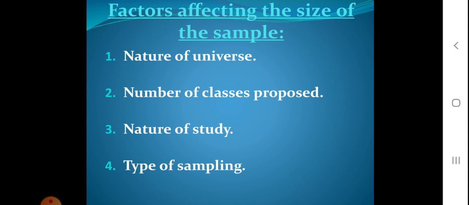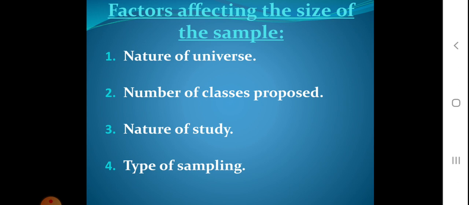Technically, this can be termed the dispersion factor. In simple terms, if the population is homogeneous, fewer cases will be enough. If the population is heterogeneous, a large number of cases may be required. This is the first factor.